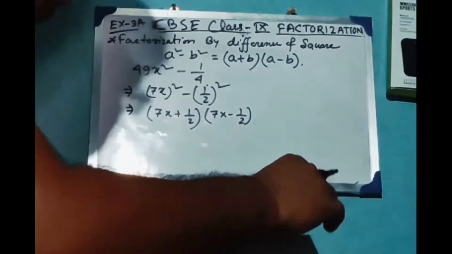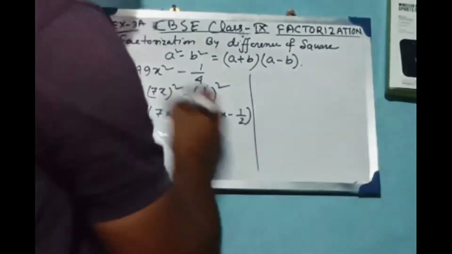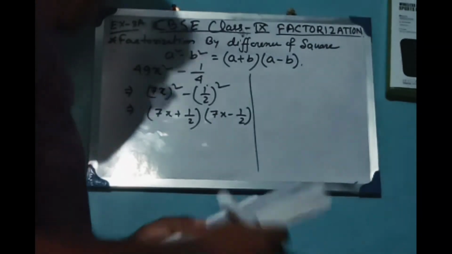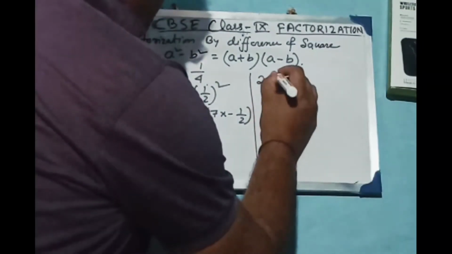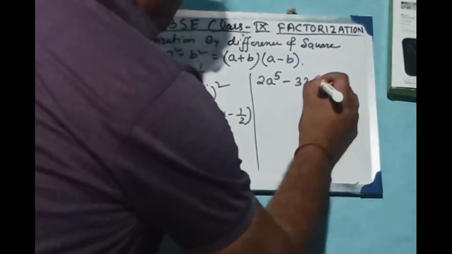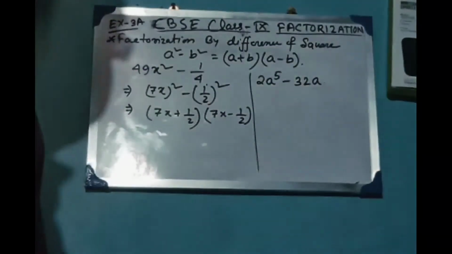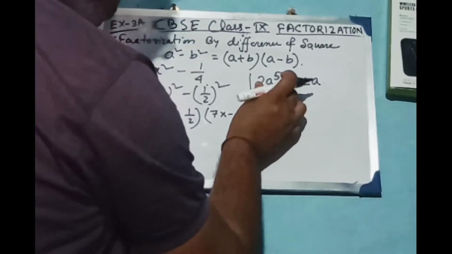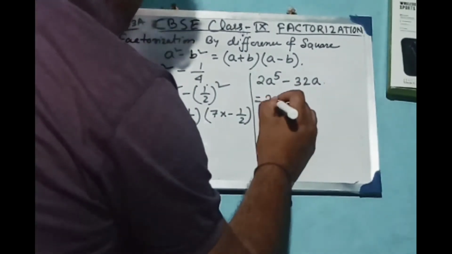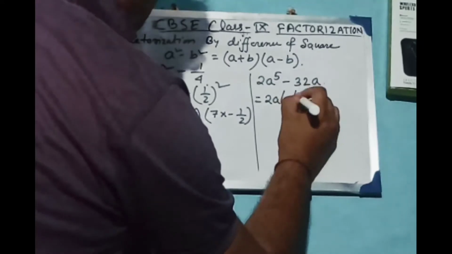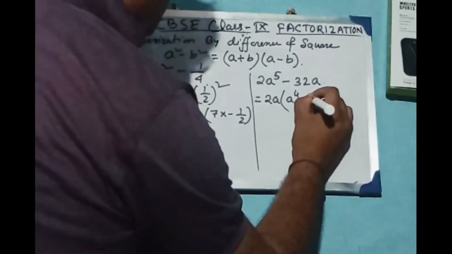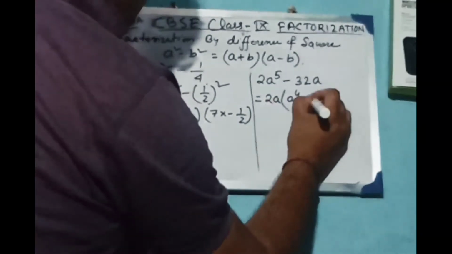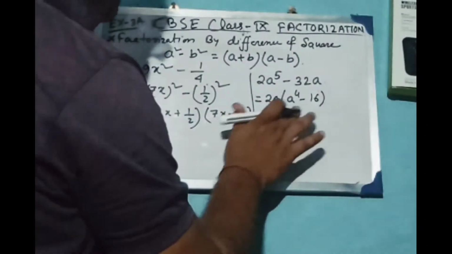Next I am taking another question from the book, that is 2a to the power 5 minus 32a. How can we factorize that? For that we take 2a common. So this is 2a into (a power 4 minus 16).